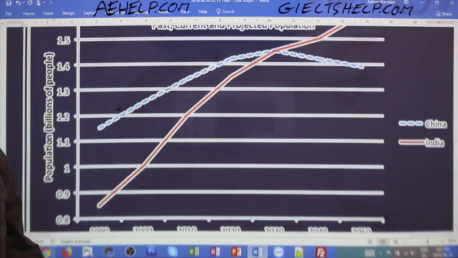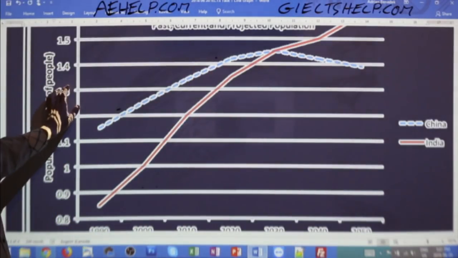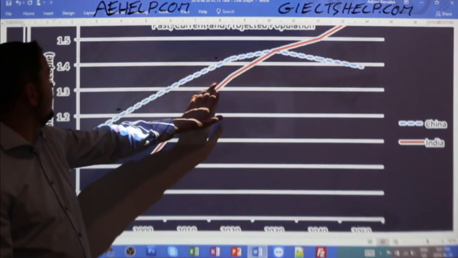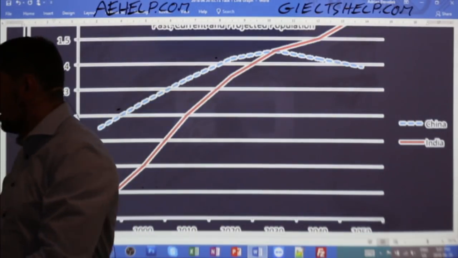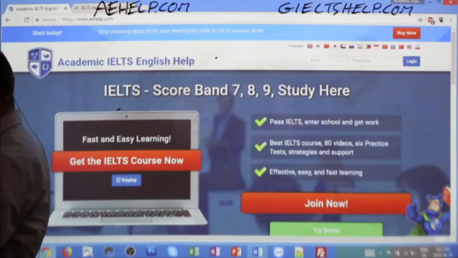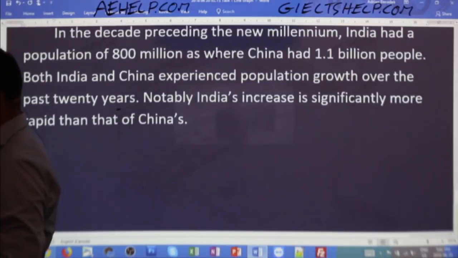By current time, which is roughly here, right? They're almost equal. So India is 1.3 billion and China is roughly 1.4 billion. Okay, so we can include that.